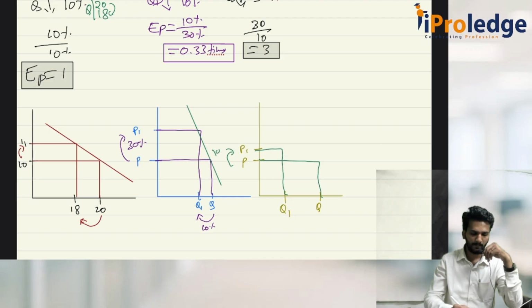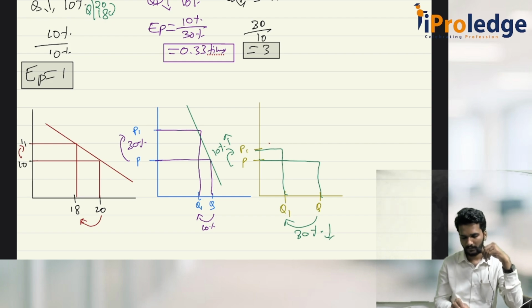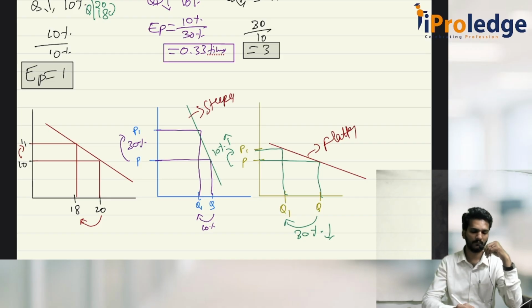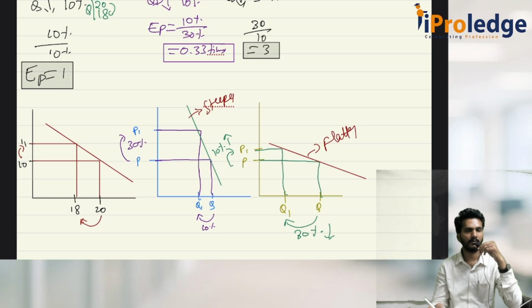So a 10% increase in price led to a 30% decrease in quantity. Because of which the demand curve looks a bit like this. We call it a flatter demand curve. Here it is steeper. That is what is happening here.